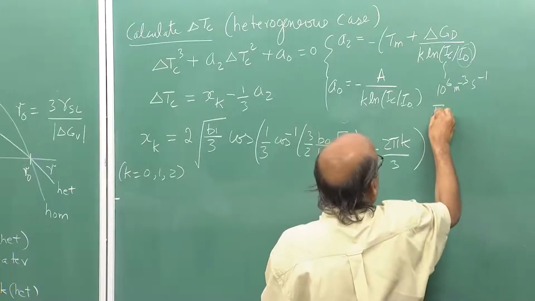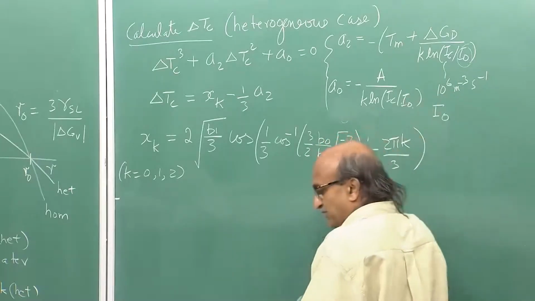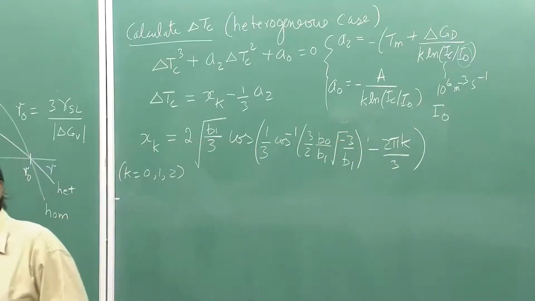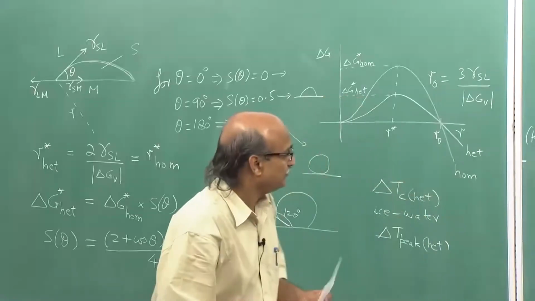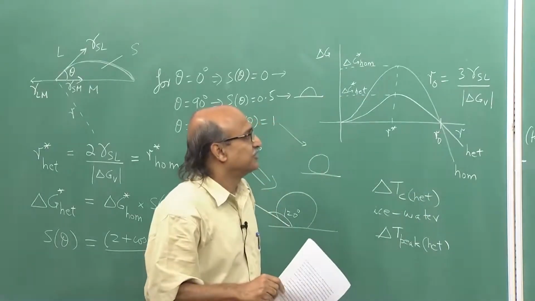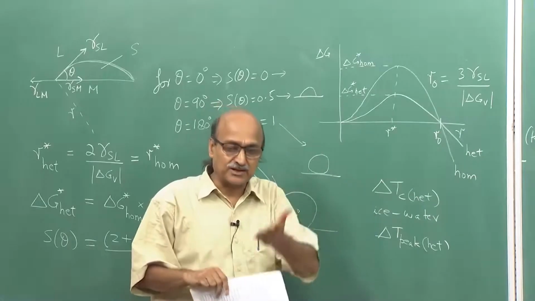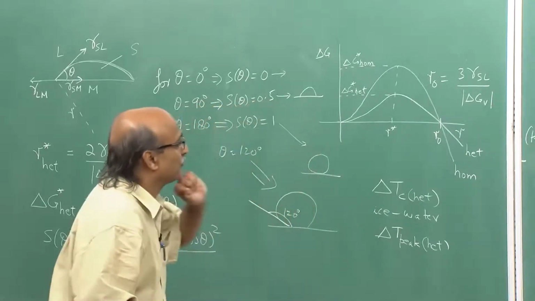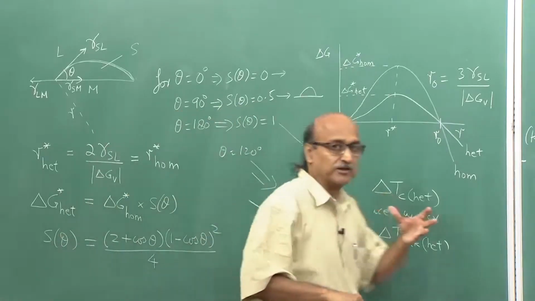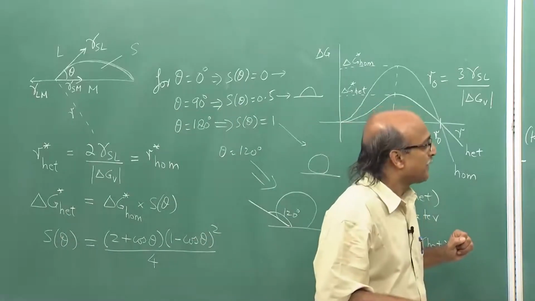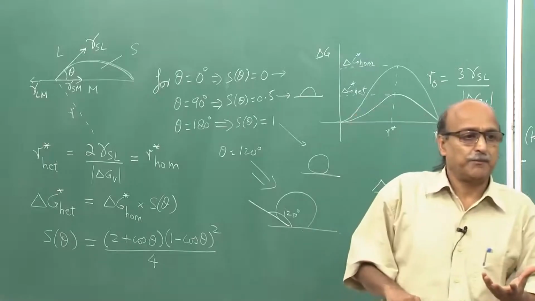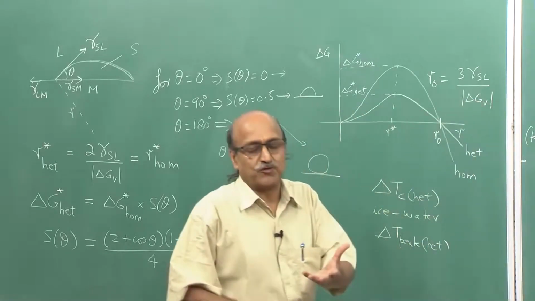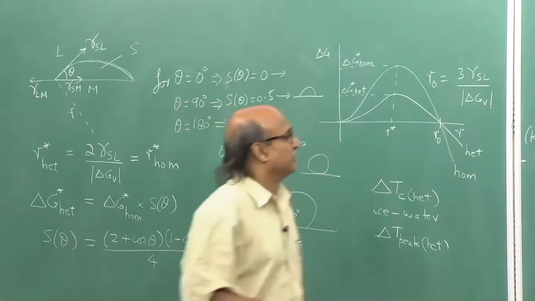What is now I0? I0, as you recall, is a function of the density of nucleation sites, the lattice vibration frequency. It is a function of the number of atoms that are surrounding a critical nucleus, and it is also a function of probability of a successful jump.